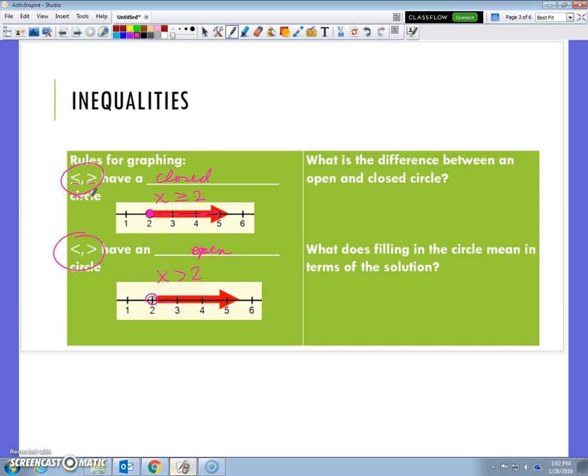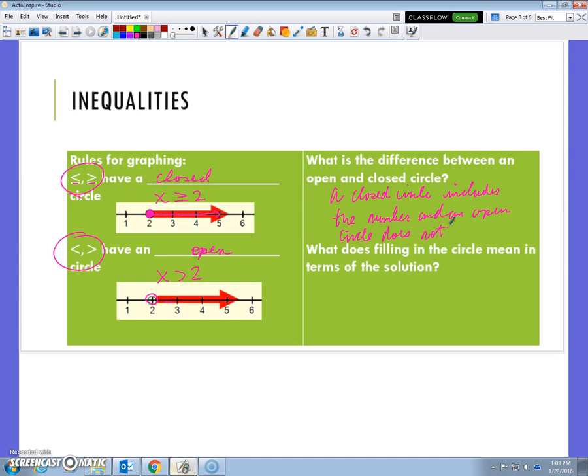The difference between an open and closed circle is that a closed circle includes the number, and an open circle does not.